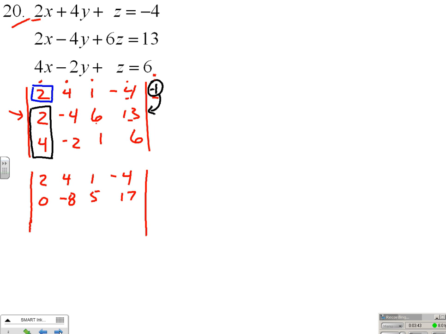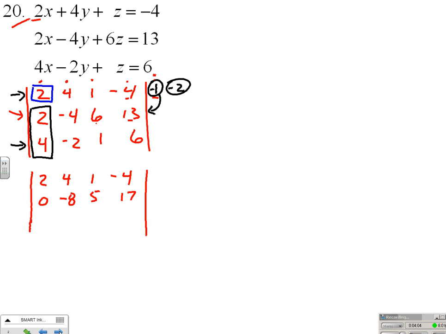So my hired hitman has done its job on row 2, but now I have to eliminate this 4 using the hired hitman. So 2 and 4, least common multiple is 4. I need a 4. I've got one in the bottom row. I need a -4. I'm going to multiply the top row by -2 to turn my hitman into -4.